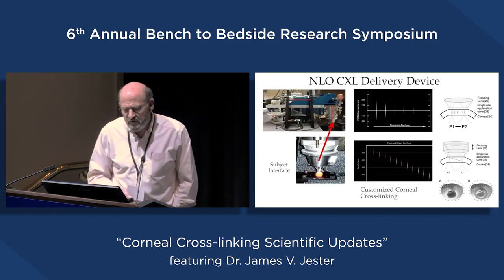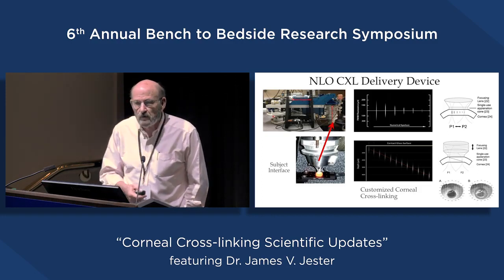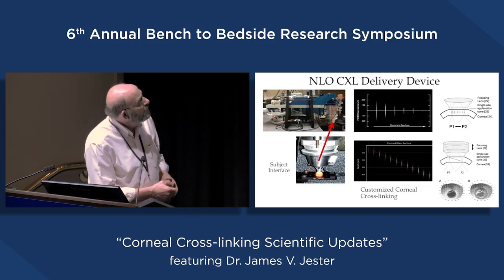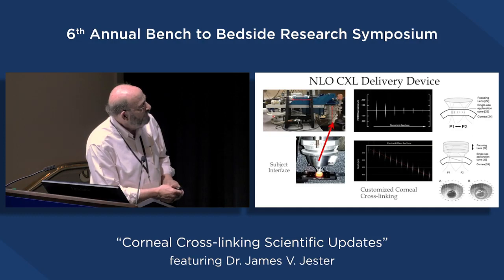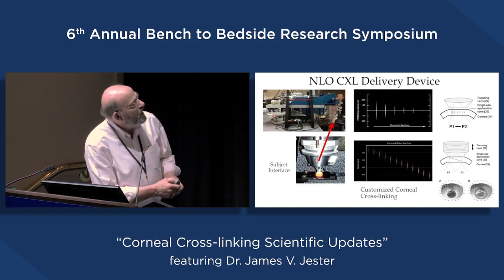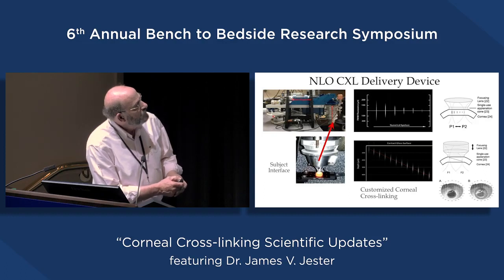So what we've done is build a nonlinear optical cross-linking delivery device. This includes a beam expander and an objective, and allows us to vary the numerical aperture of the objective. This objective focuses light down on an applanating cone, and we have a rabbit eye here. We've also put rabbits under this to do cross-linking. Changing the numerical aperture of the objective, we change the focal volume.